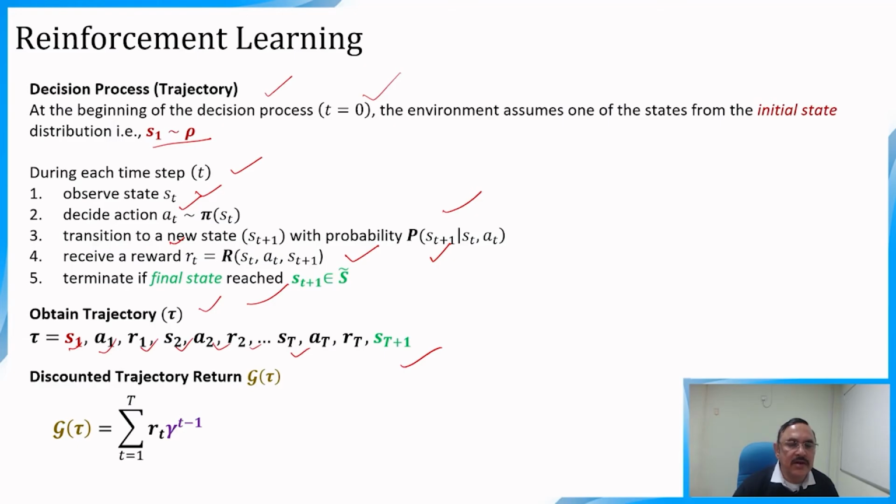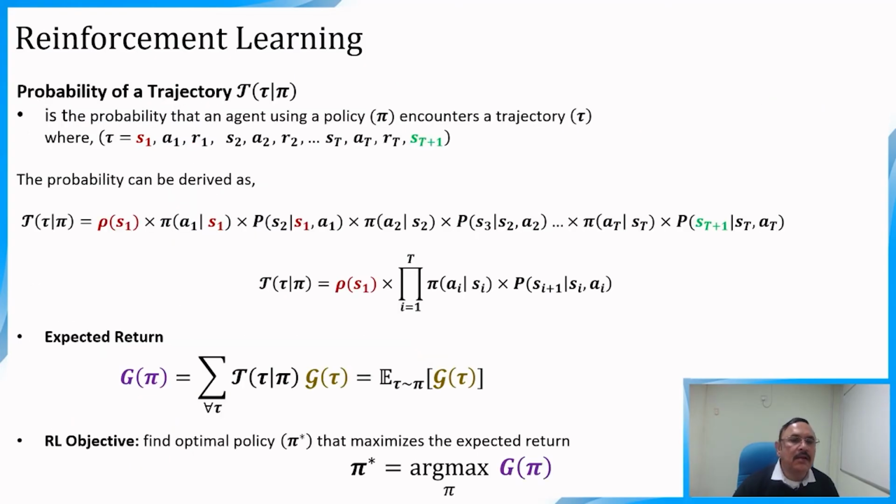Discounted trajectory return is nothing but R t, the reward function at time t, and then it is the gamma. So, the probability of the trajectory is the probability that an agent using the policy encounters a trajectory tau.